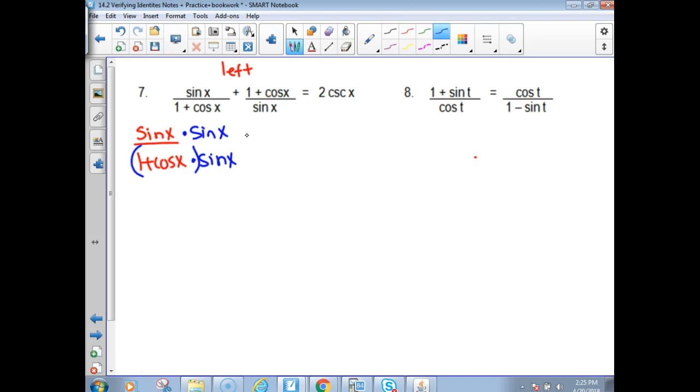Better put parentheses around that second bottom. And then I'm going to rewrite the second fraction, and I'm going to multiply that fraction by 1 plus cosine x, top and bottom.